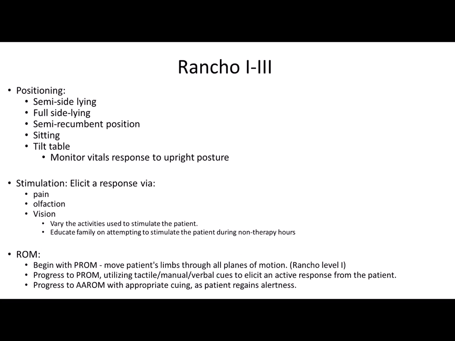Okay, you definitely want to start with your passive range of motion, especially in Rancho level 1 and 2, and you want to progress to active assistive range of motion. Okay, as the person progresses to Rancho level 3, remember they're going to start to be able to follow some commands.